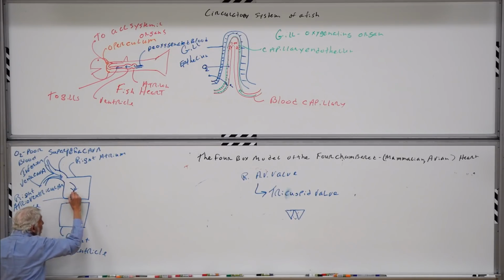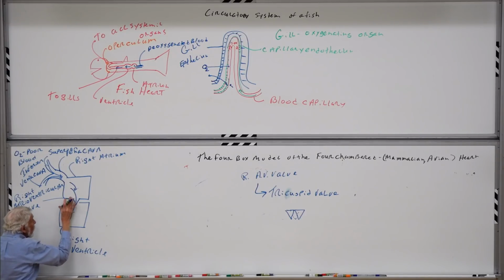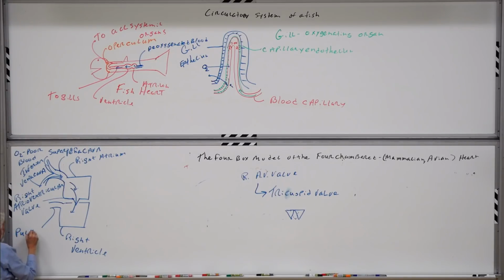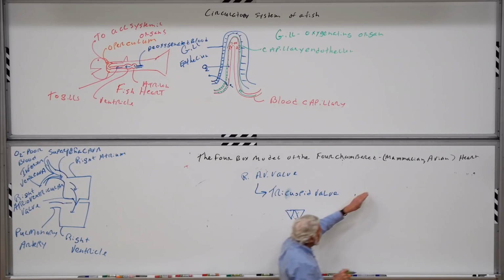The flow now is through the door into the ventricular chamber. The only route out from the ventricular chamber here is into the pulmonary artery. It's worth taking a moment to describe what we mean by artery.